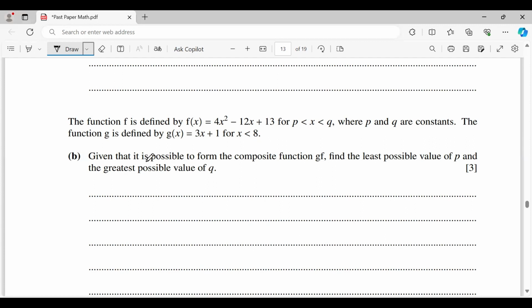Given that it is possible to form the composite function gf, find the least possible value of p and the greatest possible value of q. Okay. So this is p and q. Sorry, not p and g. P and q. Right.